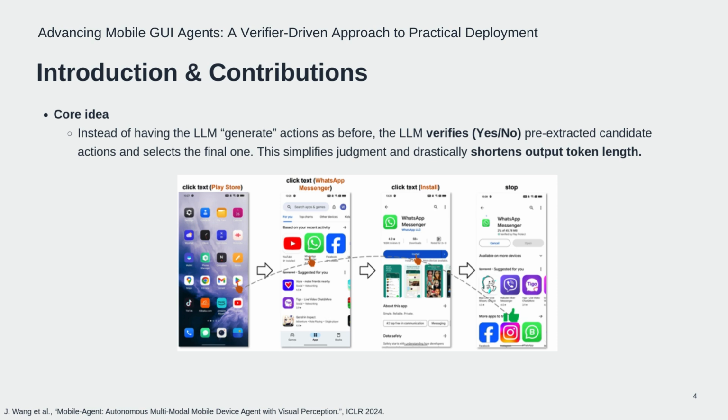By doing this, the agent can select the best action without the LLM generating anything new. It just judges the options. This dramatically simplifies the decision the model has to make and drastically shortens the output it needs to produce, a simple yes or no. We'll see how this leads to both higher reliability and much lower latency per step.